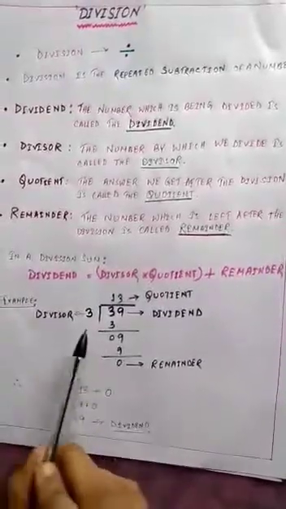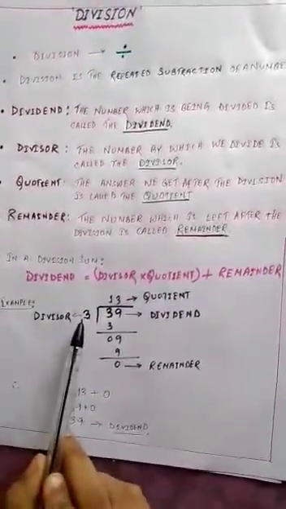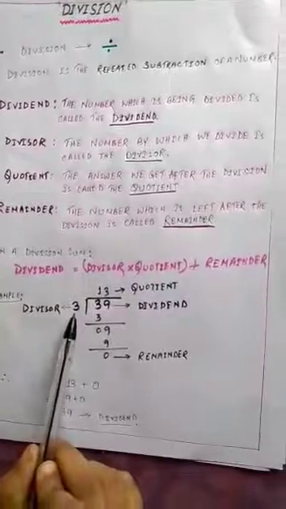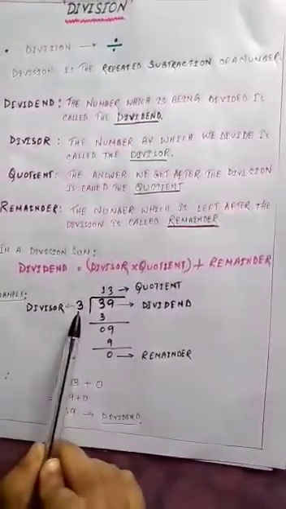Let us take an example: 39 divided by 3.